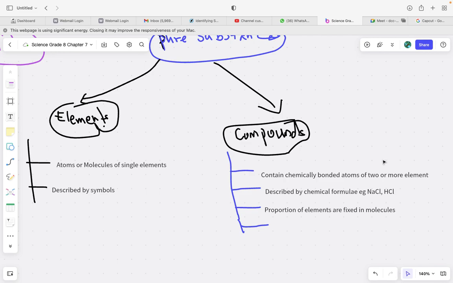Then, last but not least for compounds, elements can be identified by flame testing or by comparing colors.